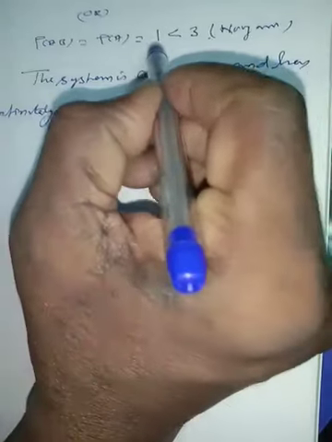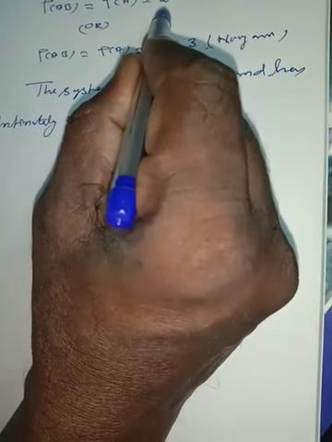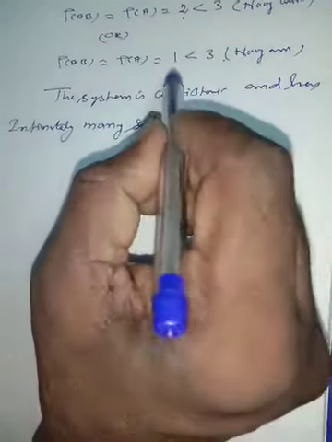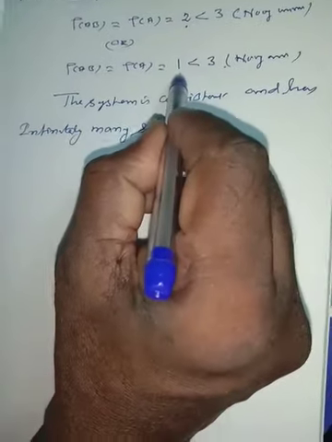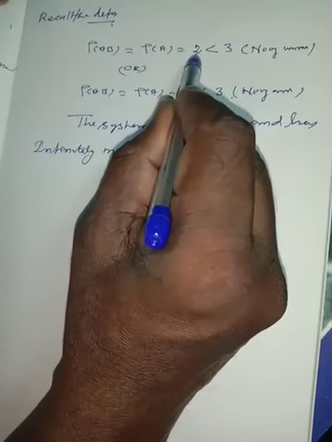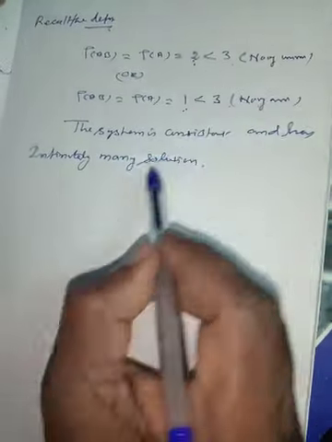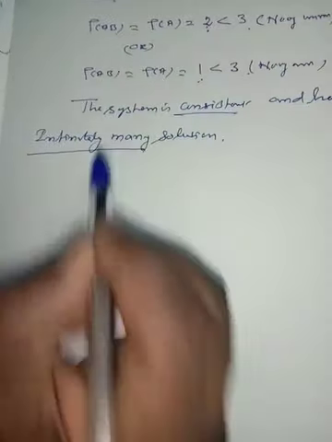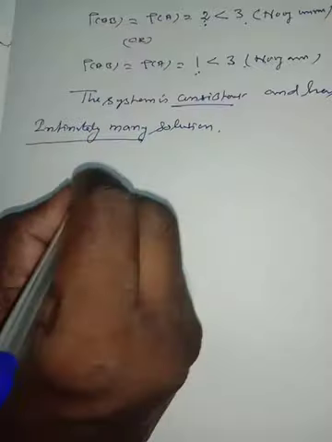Less than 2, less than 1. Suppose it is equal to 3, then the system is consistent with a unique solution. In this case, 1 or 2, which is less than 3, therefore the system is consistent, infinitely many solutions.